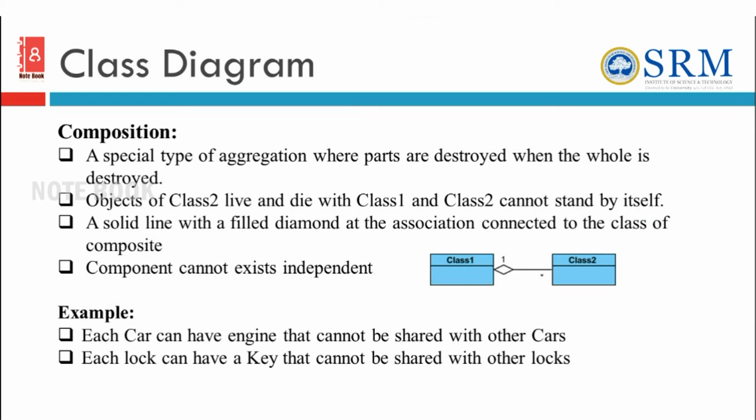It is represented as a solid line with a filled diamond at the association connected to the class of the composite. Example, each car can have an engine that cannot be shared with other cars. The second one, each lock can have a key that cannot be shared with other locks.